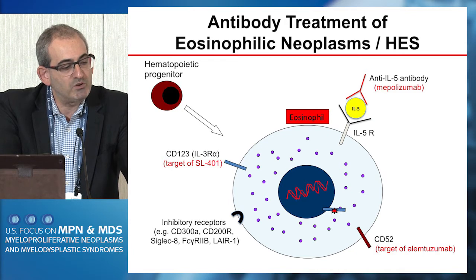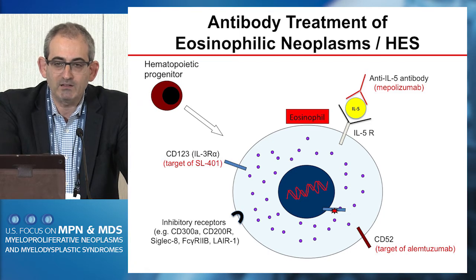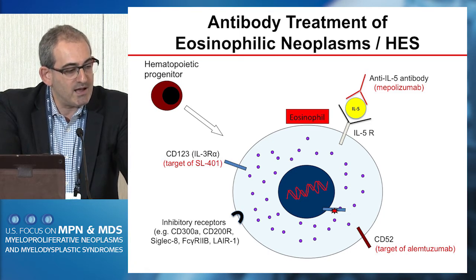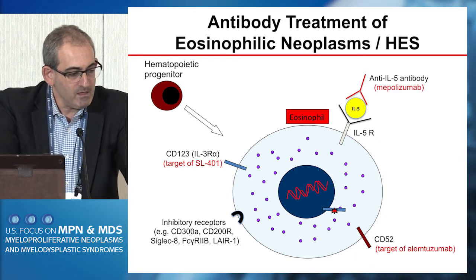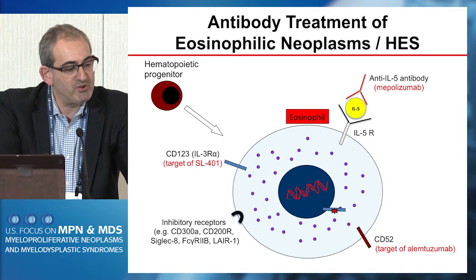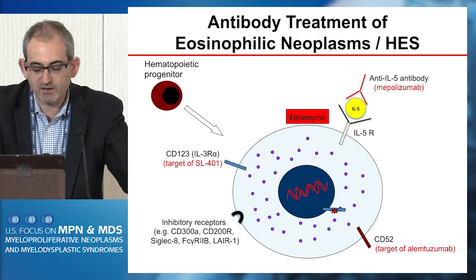There's a drug called SL401 that's an interleukin-3 receptor alpha antibody linked to diphtheria toxin, and this is in trials right now at multiple centers in the United States. And there are agonists against the inhibitory receptors for eosinophils, such as Siglec-8, and these are going to probably enter trials in the next couple of years.